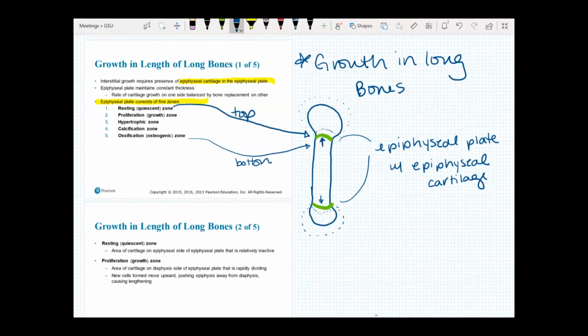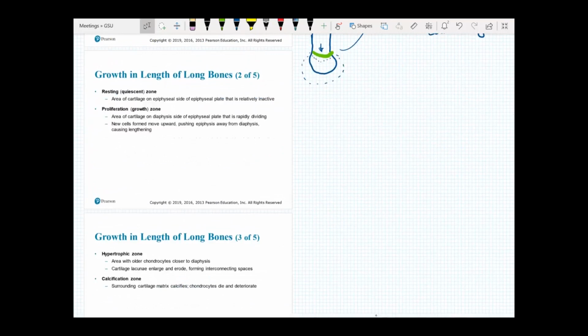So that's what we want to talk about. This resting zone right here is the area of cartilage that is on the epiphyseal side of the epiphyseal plate and is inactive. Okay, I'm just going to draw one diaphysis and one epiphysis.